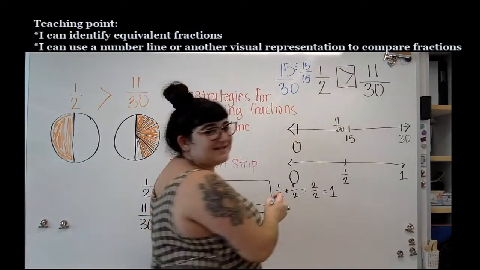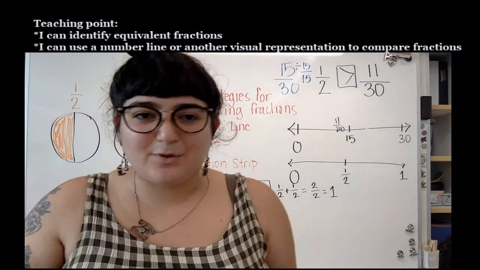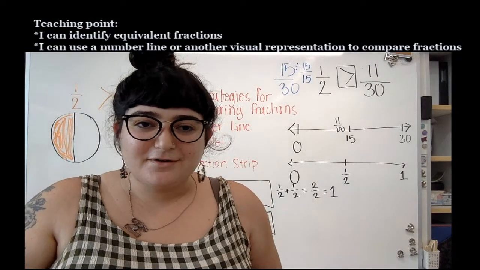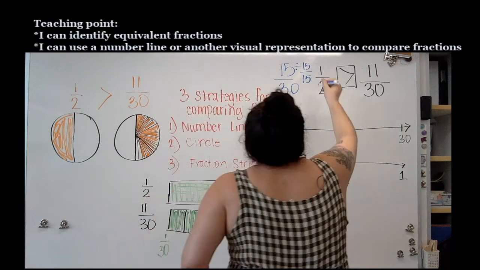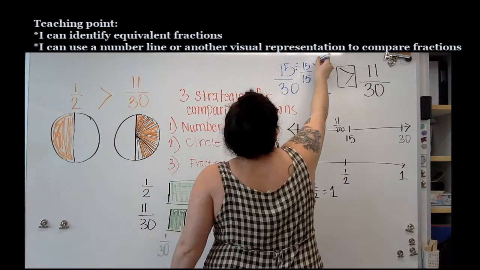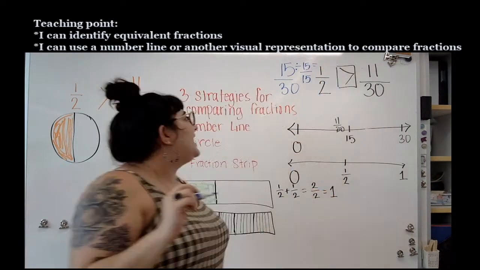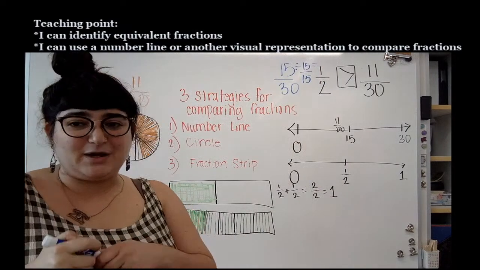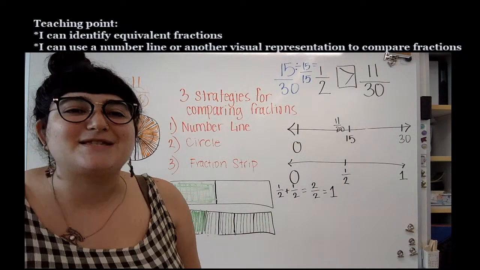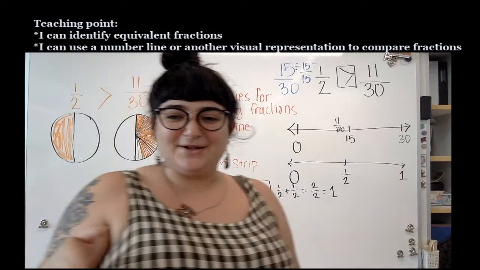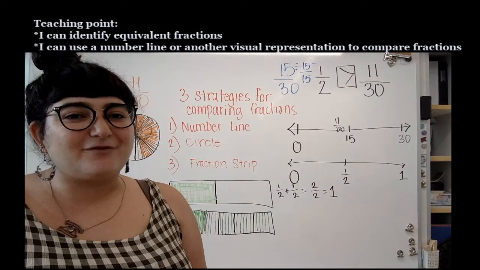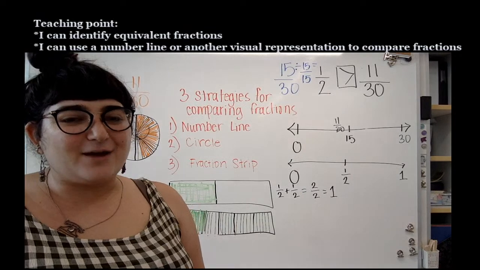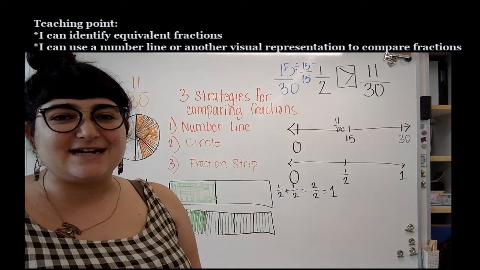If I divide 15 by 15, what does that equal? 15 divided by itself equals 1. And 30 divided by 15, well, I know that 15 times 2 equals 30, right? So our equivalent fraction for 1/2 is 15 30ths.